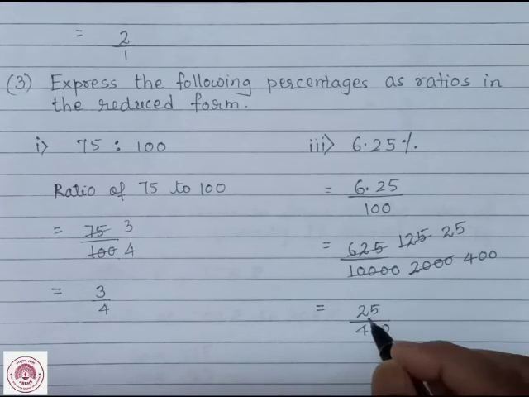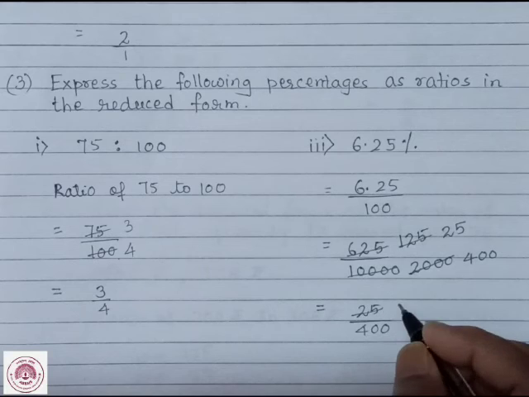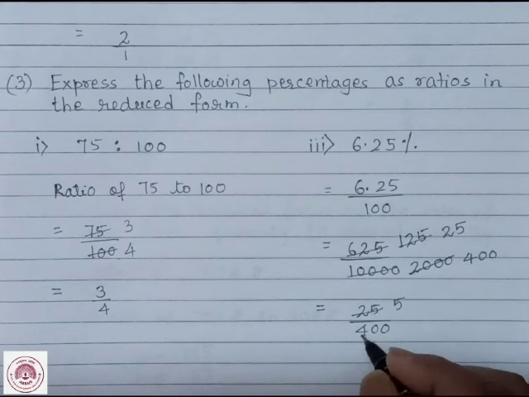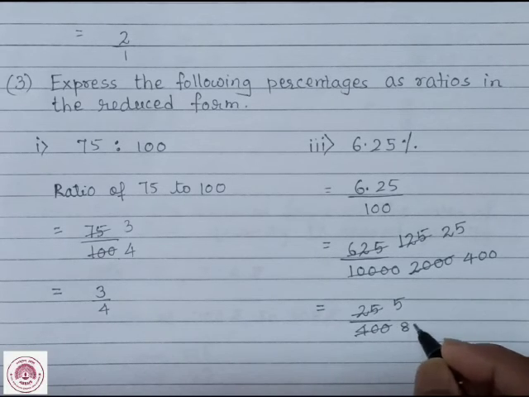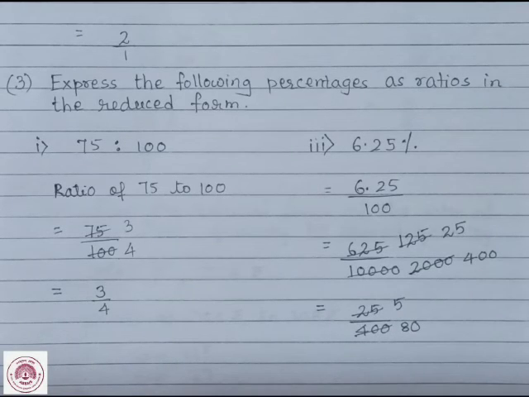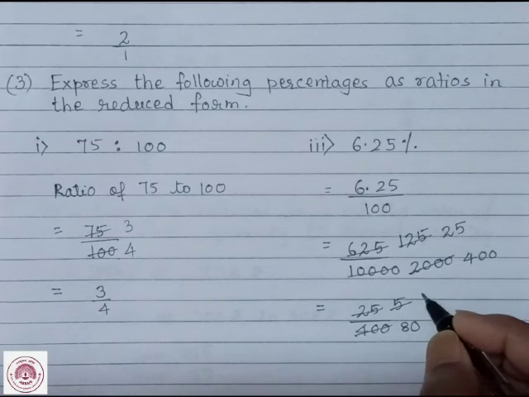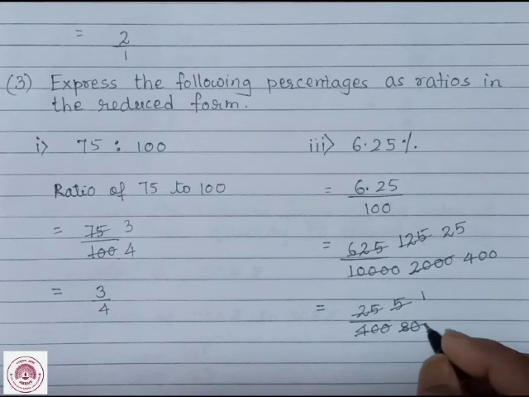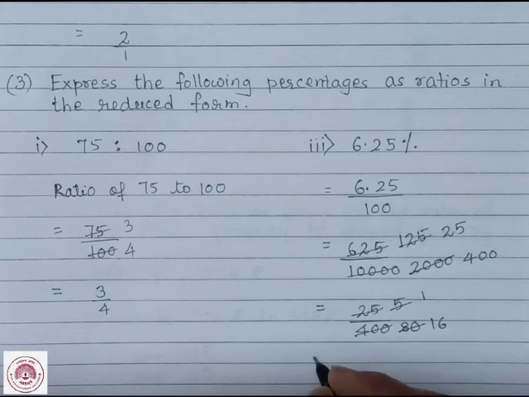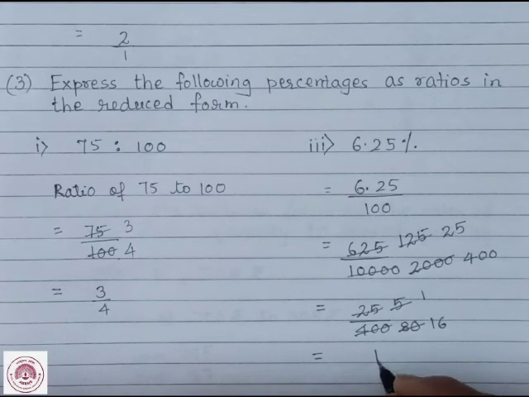Now again we can divide both these numbers by 5. 5 5 times is 25. 5 8 times is 40 and then 0 is there. So 80 it is. Now again 5 1 times is 5, 5 16 times is 80. So this is equal to 1 upon 16.